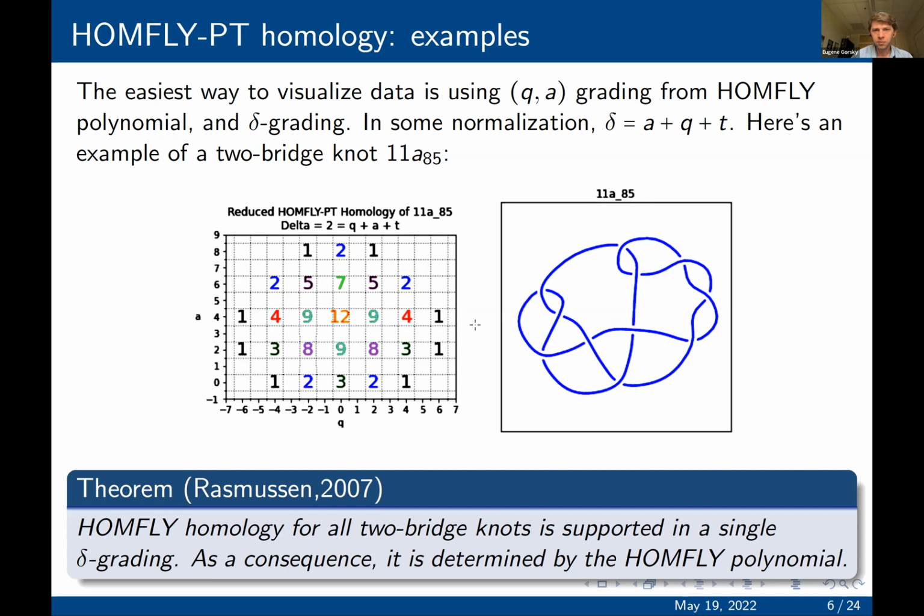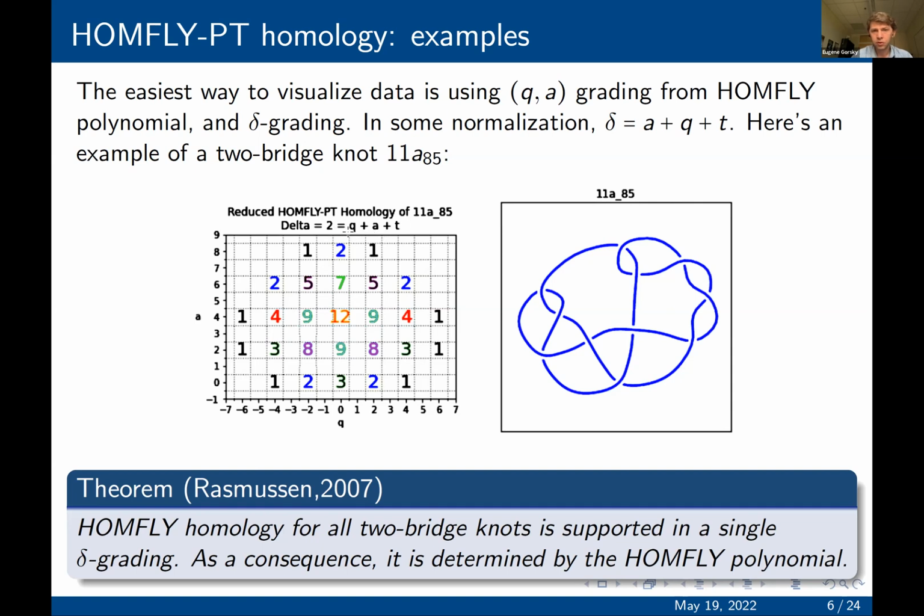In this example, I said this is a two-bridge knot, and there is an old result of Jake Rasmussen that for all two-bridge knots, HOMFLY homology is supported in a single delta grading. As a consequence, you can read off these numbers from the HOMFLY polynomial, because the T grading is determined by A and Q if you know that the total sum is fixed.